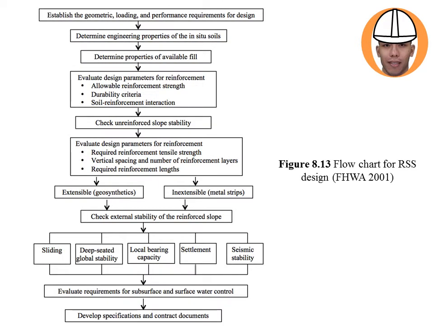Okay, this one is the flowchart of RSS design. The first one is establishing geometric, loading, and performance requirements for design, and then the determination of engineering properties of in situ soil, determine the properties of available fill, and then evaluate the design parameters for reinforcement.